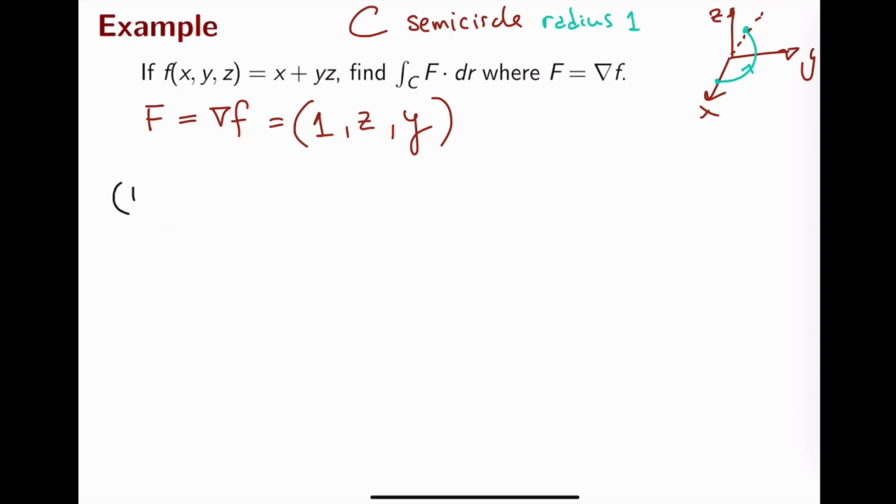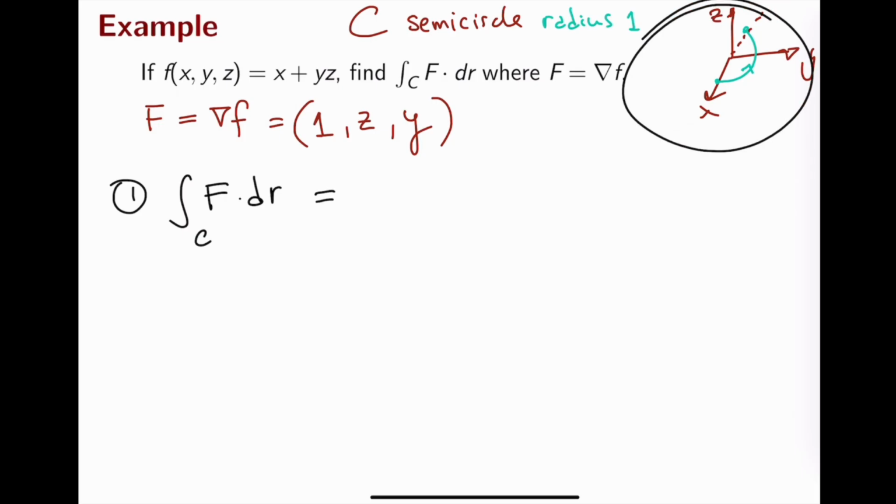Let's calculate it first as we already knew it, just by the definition of line integral. So we know that the line integral over C of F dot dr, in order to calculate this, first we need to parameterize the curve.